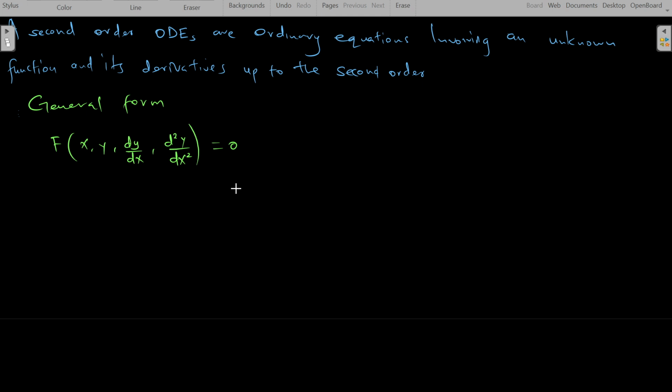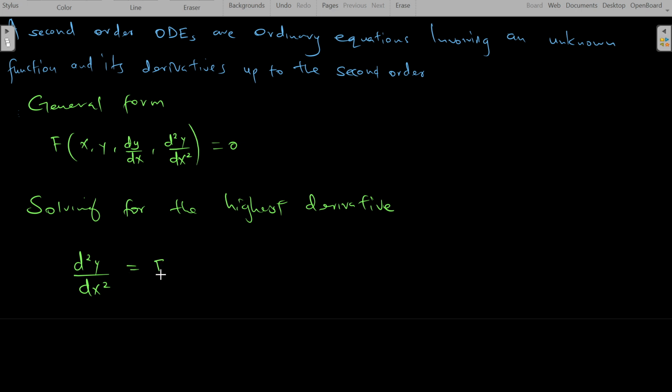So if we solve for the highest derivative, for this case we are saying d squared y/dx squared should give us f(x, y, dy/dx).